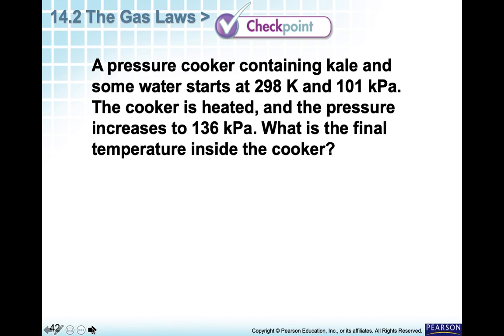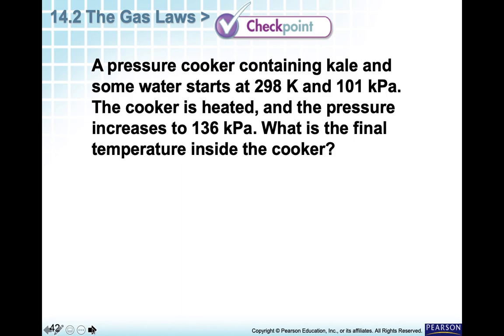A pressure cooker containing kale. Why does it have to have kale? Kale's gross. And some water starts at 298 Kelvin and 101 kilopascals. It's heated and the pressure increases to 136 kilopascals. What is the final temperature inside the cooker? So we are looking for T2.